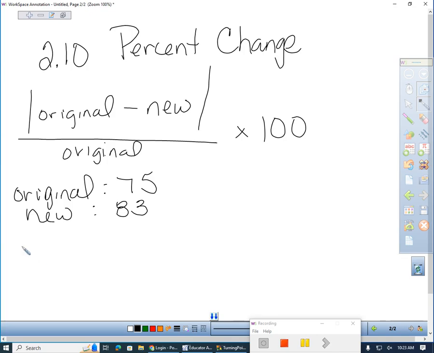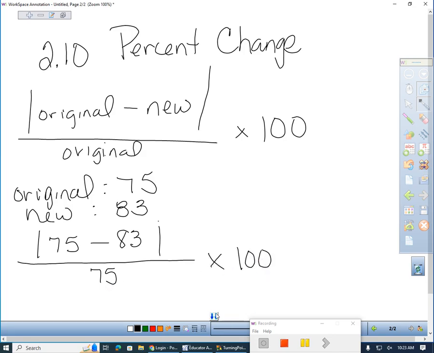So we're going to start by putting an absolute value, original, which is 75, minus the new, which is 83, all inside an absolute value. Then we're going to divide by the original, which is 75. Then once we get that answer, we're going to times by 100.